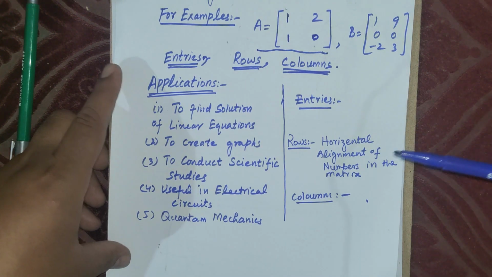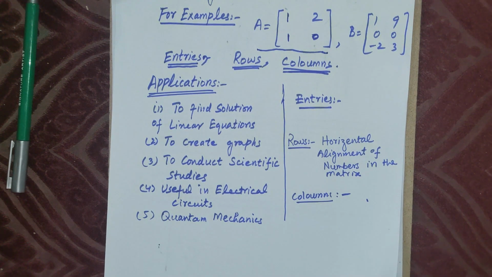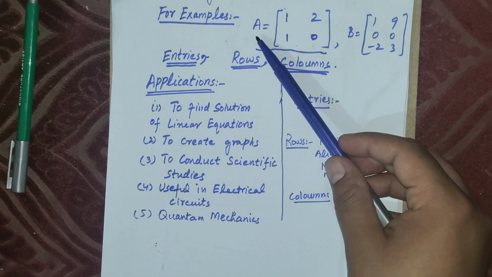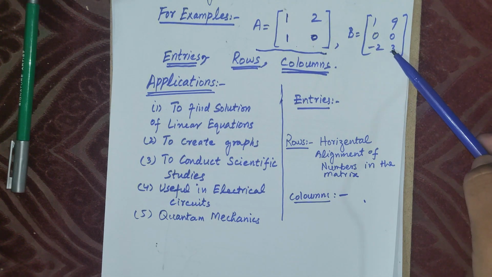Entries are the numbers the matrix is composed of. We already discussed that 1 2 1 0 are entries in case of matrix A, and 1 9 0 0 minus 2 3 in case of matrix B are entries. So what are rows?